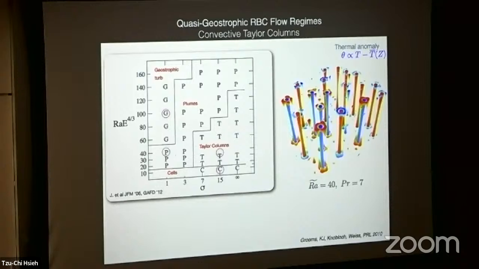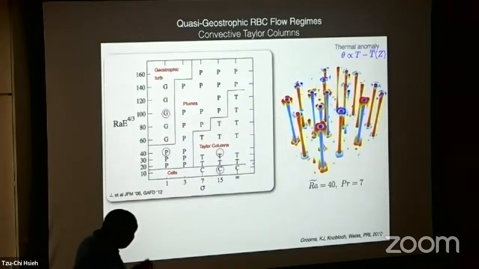We get a pattern that looks like this. We call them convective Taylor columns. Freddie had mentioned this in his talk. We're just looking at the thermal anomaly, so we've subtracted out the background mean. At every layer depth, you're just looking at the fluctuations about the mean value of temperature at that layer.